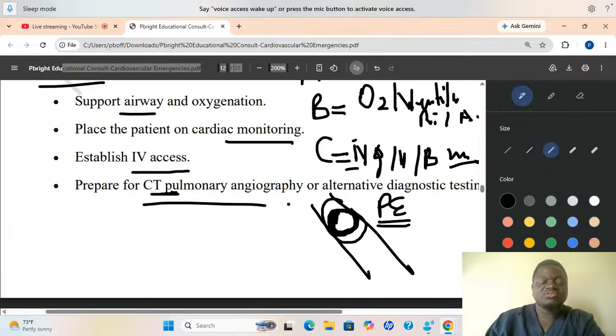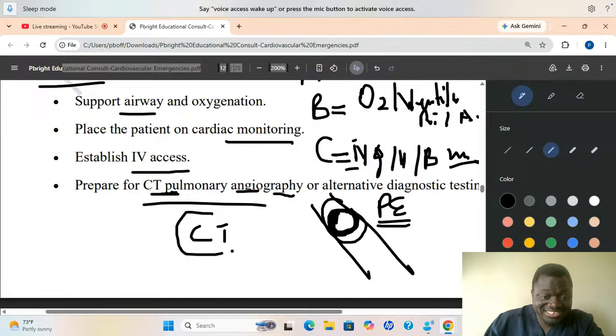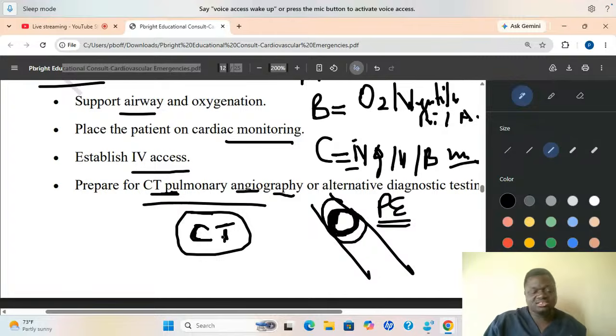We call it CT angiography, blood vessel picture taking. Then they will do the CT perfusion. For a normal CT, you can take a patient to a CT scan without an IV.